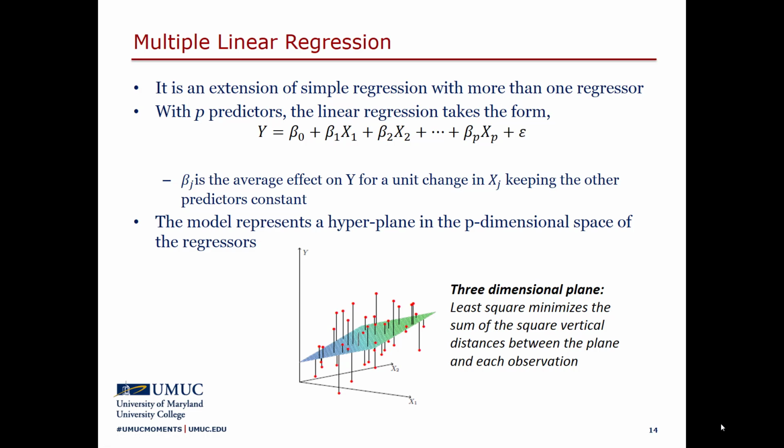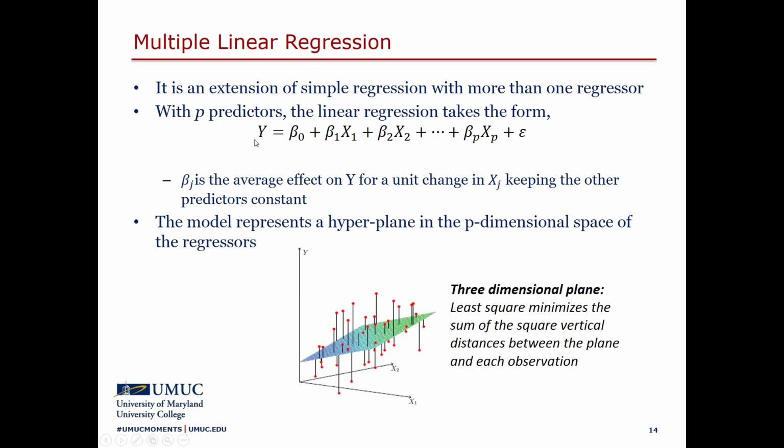What we discussed so far is about simple linear regression, where you have a single regressor and a single response variable. Here, we'll discuss multiple linear regression, which is nothing but an extension of simple regression where you have multiple regressors, up to p regressors. And the form of the function is basically an extension.